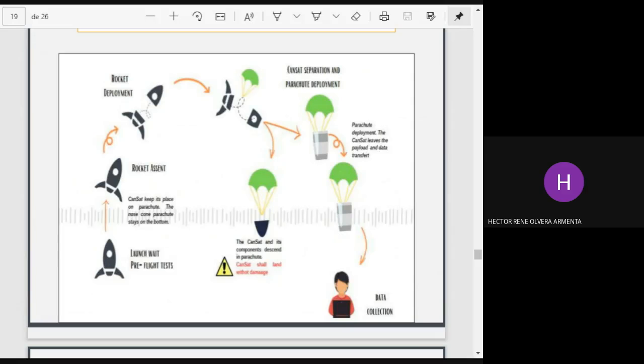And here is where we are going to recollect all of that data, as we can see.